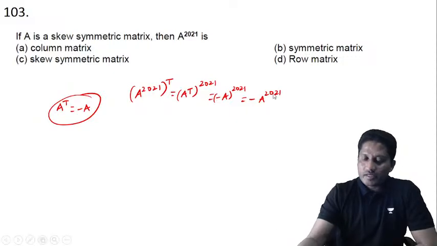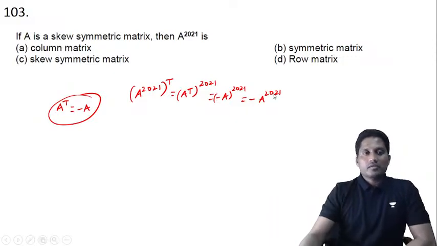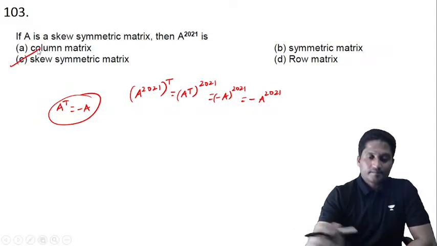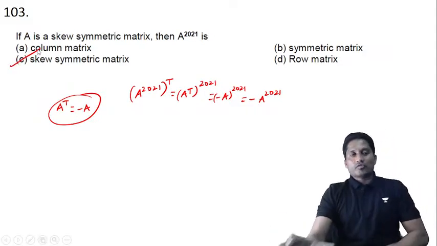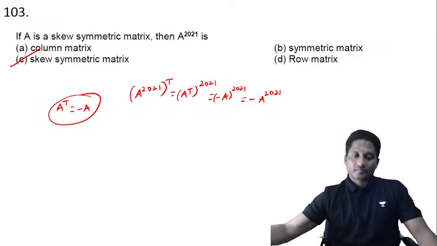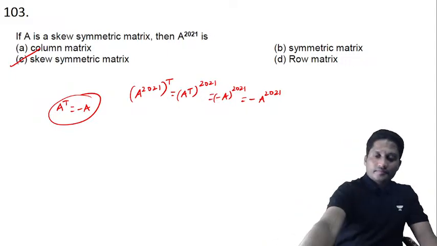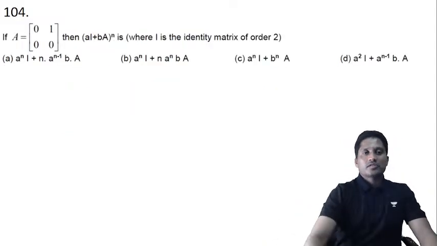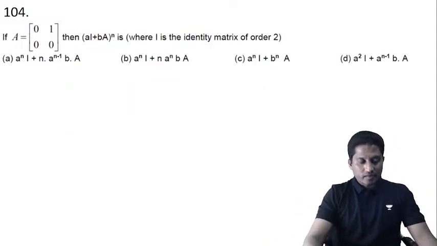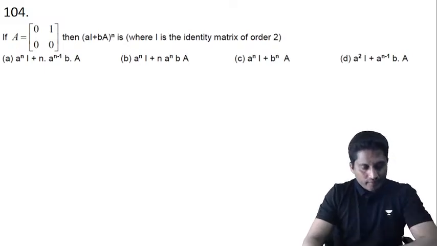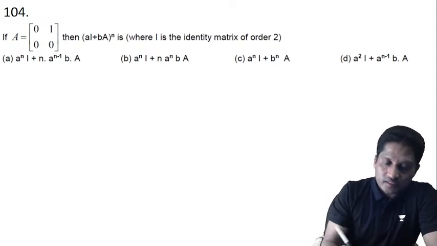So it is equal to negative of its own transpose. So this means that A power 2021 is a skew symmetric matrix. If it is equal to its own transpose, then it is symmetric. Negative of its own transpose is skew symmetric. Even this was asked in 2021.